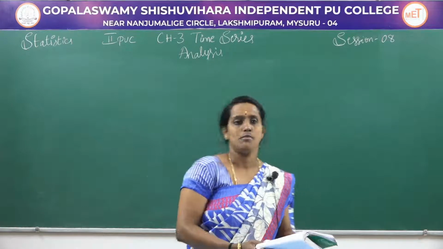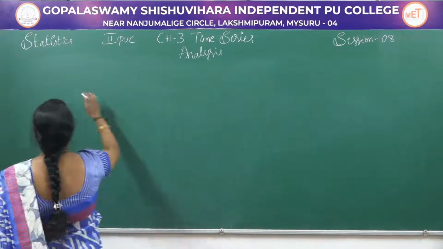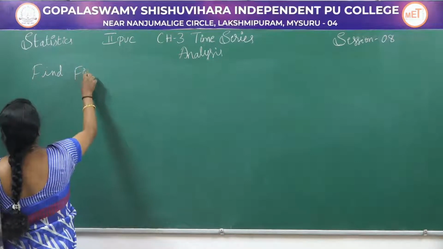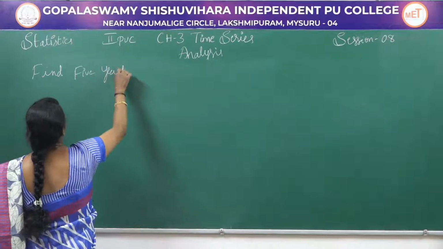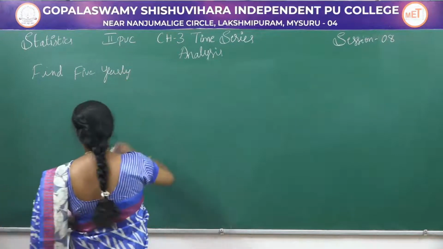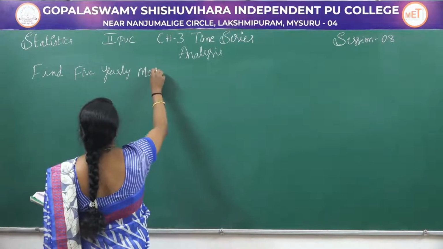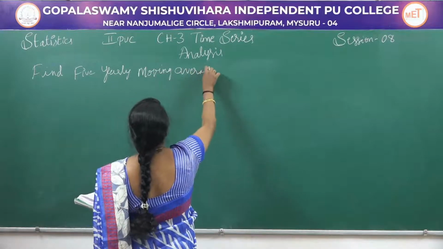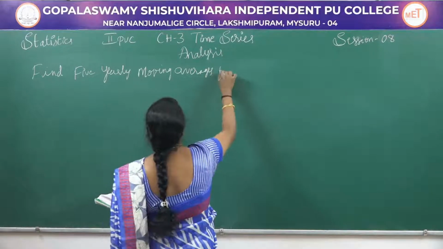Let's take down the problem first. Find 5-yearly moving averages for the following data.